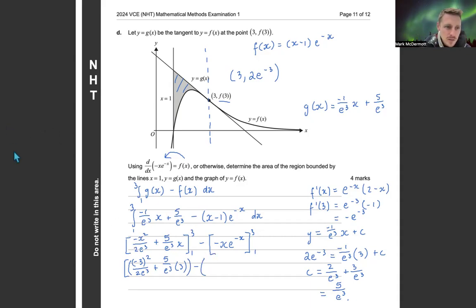Nah, that first part's wrong. Negatives at the front, negative 3 squared, big difference. Okay, minus, sub in 1, negative 1 on 2e cubed plus 5 on e cubed.